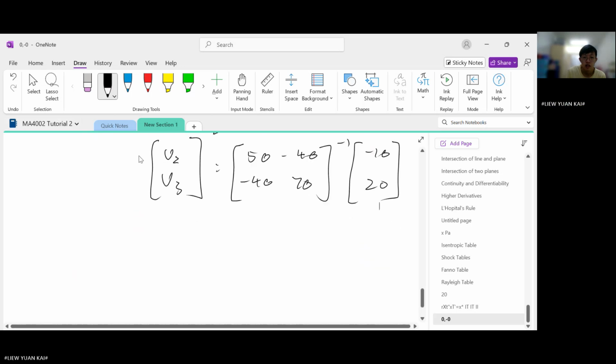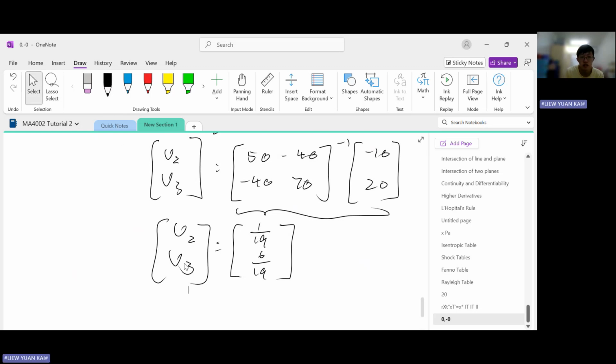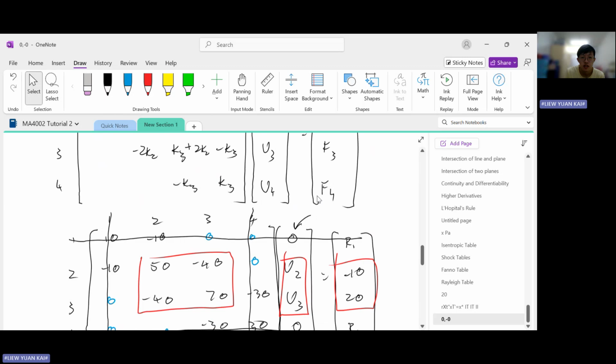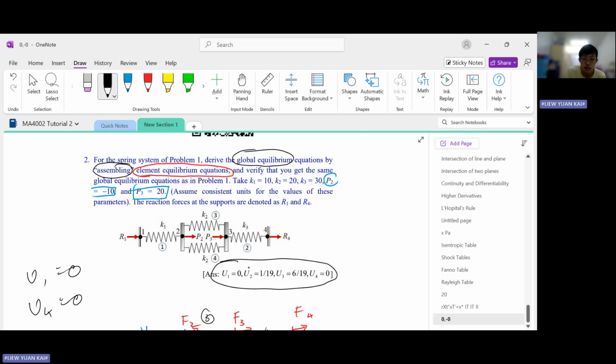I recommend you use your calculator. If you perform this calculation, you will get 1 over 19 and 6 over 19, and that's the answer that they provided for us. U2 is 1 over 19 and U3 is 6 over 19. See, this is correct. And U1 and U4 are the zero displacement boundary condition, so it's correct.